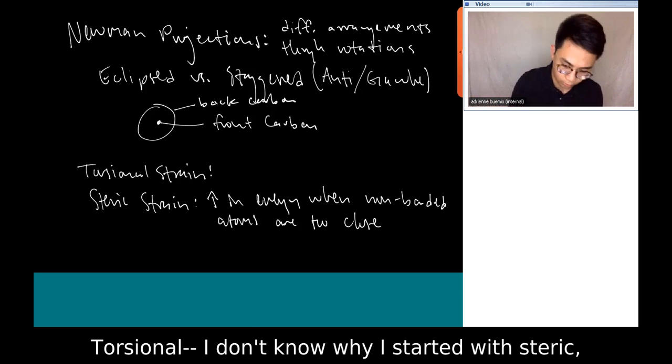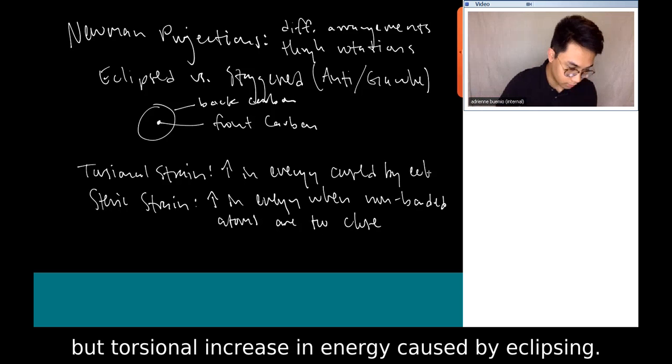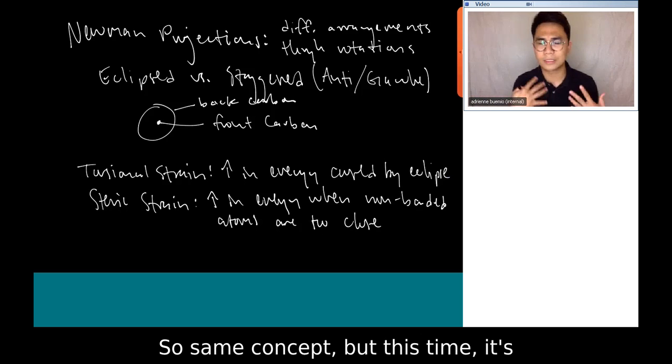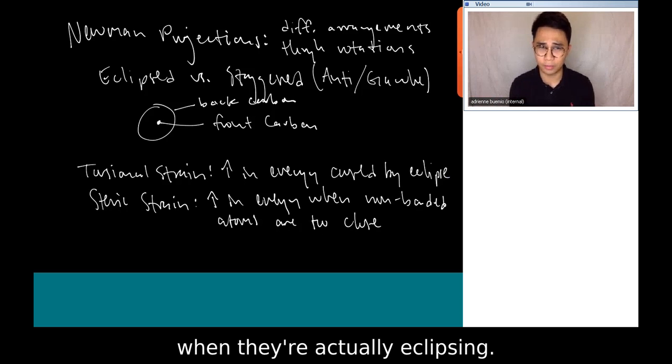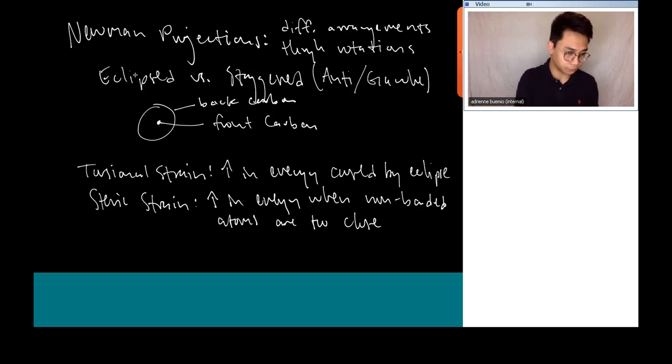Torsional, I don't know why I started with steric, but torsional is an increase in energy caused by eclipsing. Same concept, but this time it's when they're actually eclipsing, and you notice that that's one of our projections, right?